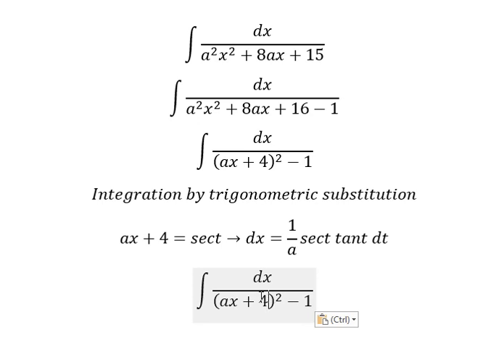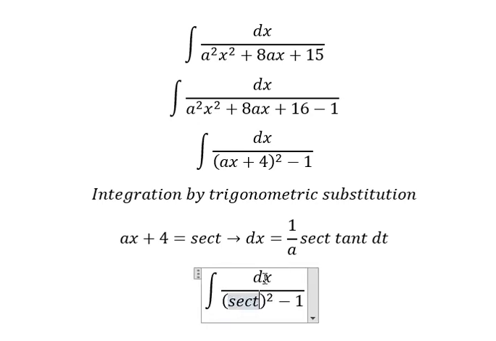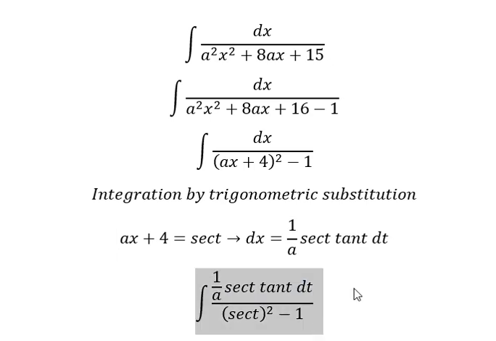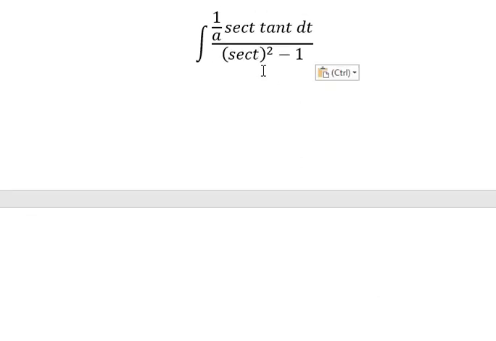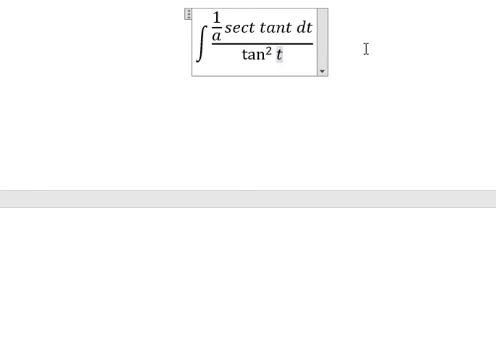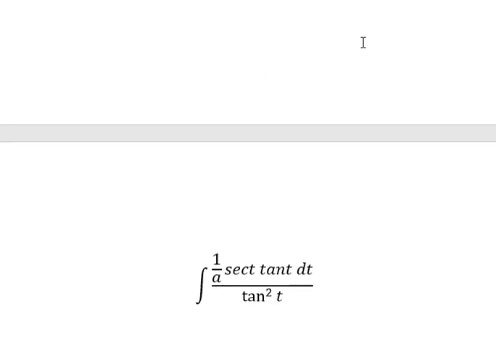This one we change for secant of t. Dx we change for this one. Secant squared t minus 1 we change for tan squared t. And now we simplify tan t over tan t.